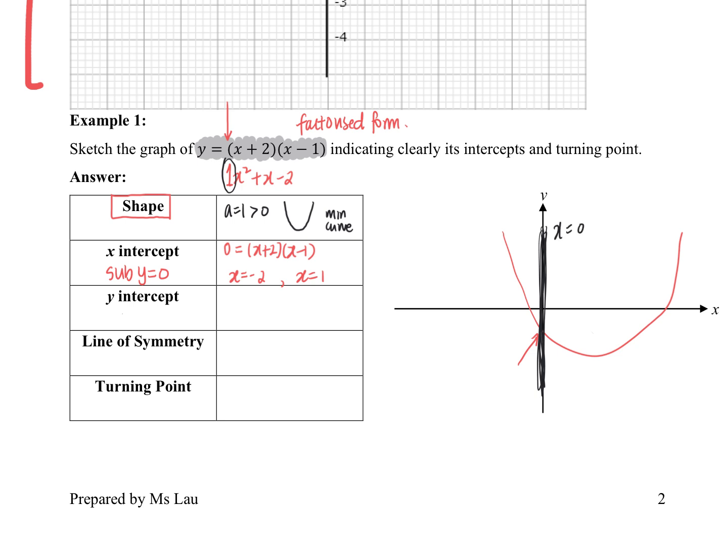So when I want to find the y-intercept, I will sub x as 0 into the equation. So the same equation, but now my x is 0. So just key the whole thing into the calculator, and then the y value is negative 2. So that means it cuts here at negative 2.